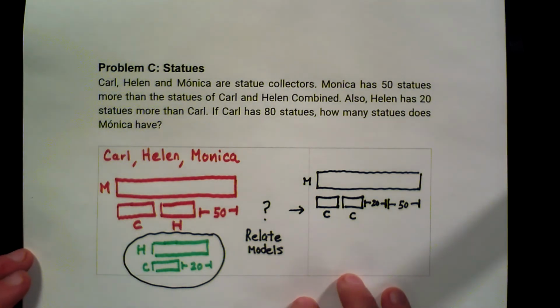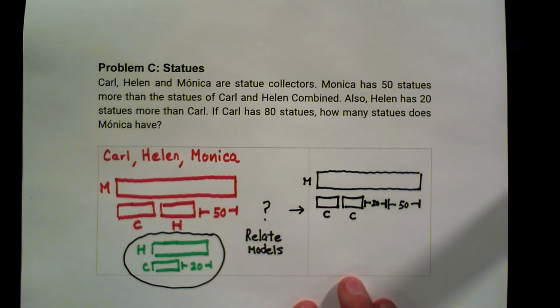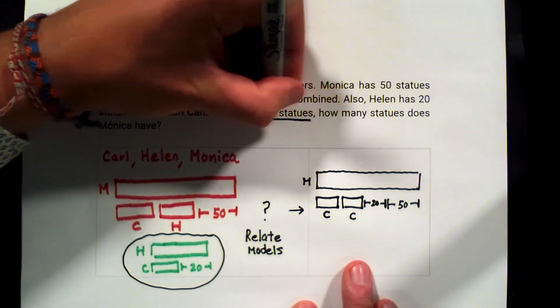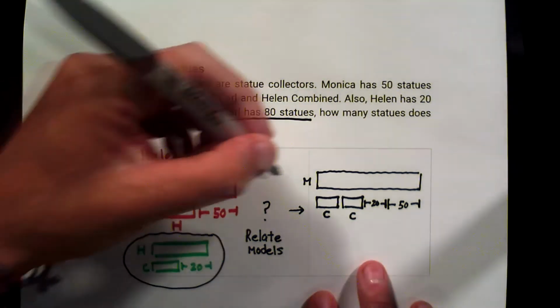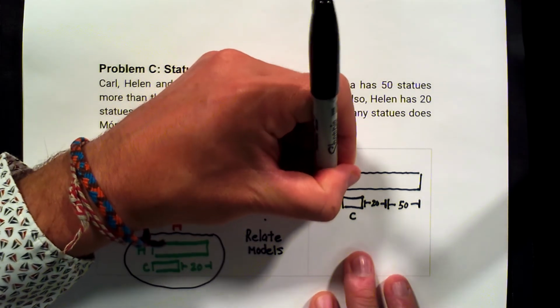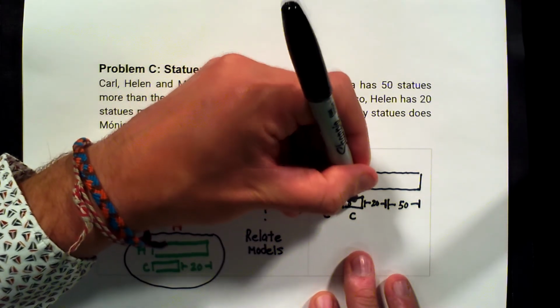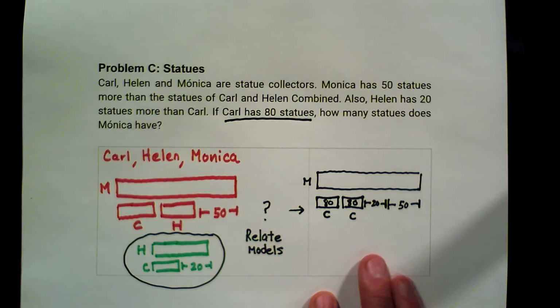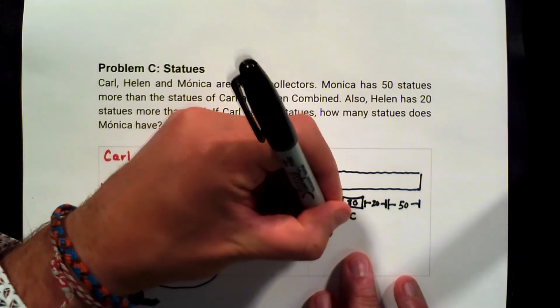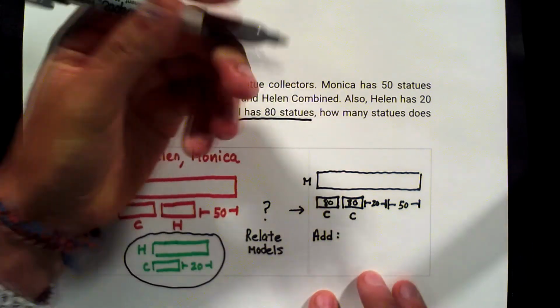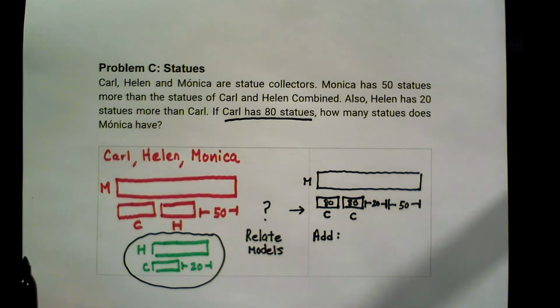So now we know also that Carl has 80 status. So this is where we use this absolute information. So Carl has 80 status, and so we put an 80 here and here. And so right away I can see how many status Monica has. So we can add, and again the students should know right away that it's an addition problem. They just see it there.